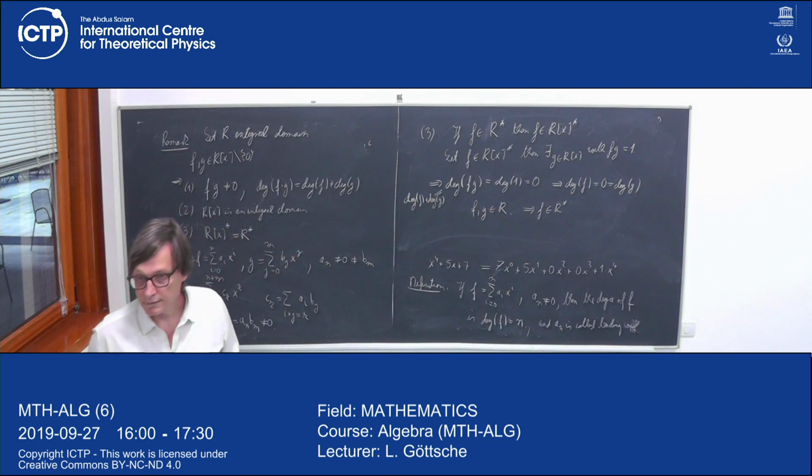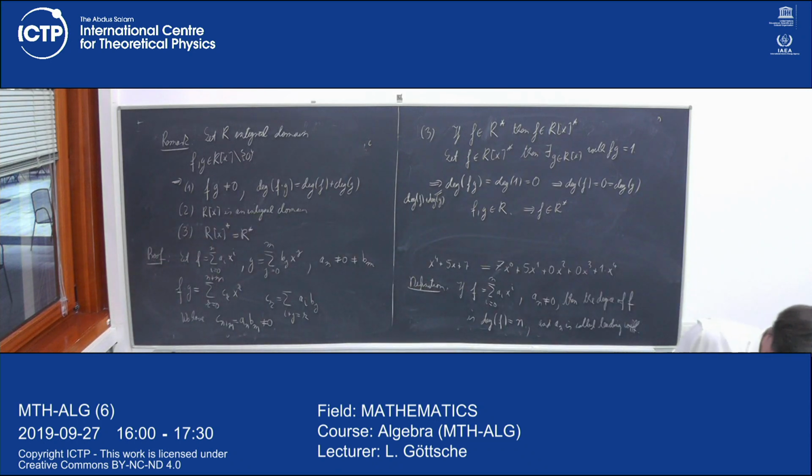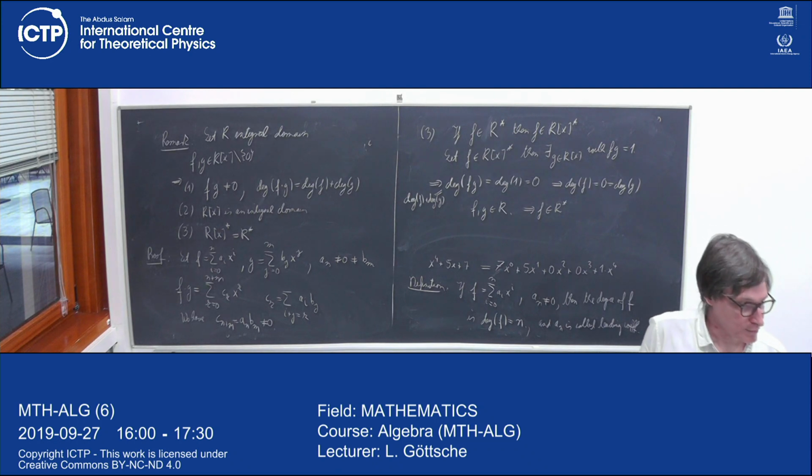Yes? What is the degree of the zero polynomial? Well, that's a question of convention. So one could either say it doesn't have a degree, or one could say the degree is -1, because that's useful in some computations, or one could say it's -infinity. That's also sometimes useful.